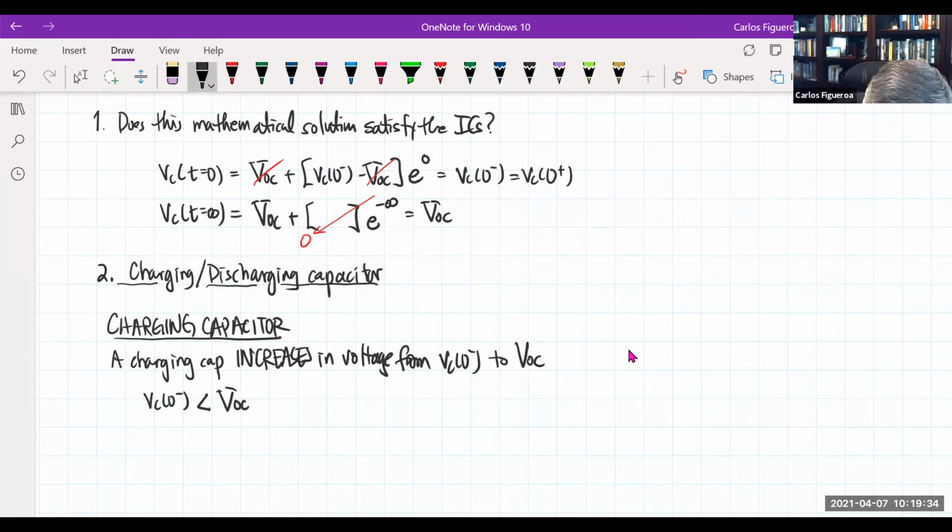So what this tells me is, look at the solution now. By the way, I need to define something. I'm going to define the delta V, and I'm going to define this as the absolute value of VC of 0 minus VOC. Okay, so this is a definition that I'm going to use.